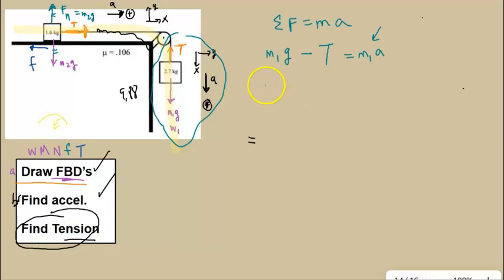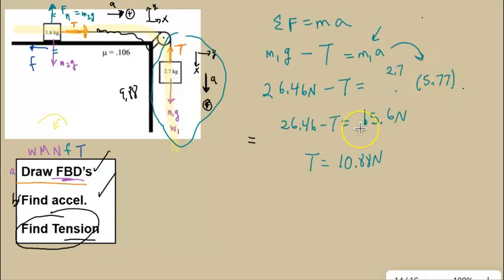So that object's weight is 26.46 newtons minus tension, that's what we're looking for, equals the mass times A, and that's why we look at the whole system first to find A, and A was 5.77. Sorry, I went on autopilot and typed in the weight, not the mass. I can't remember if I did that on or off video, but fix that if that's a mistake.